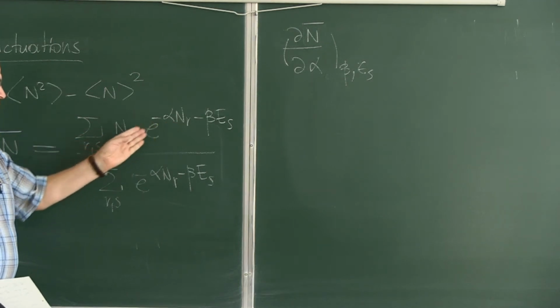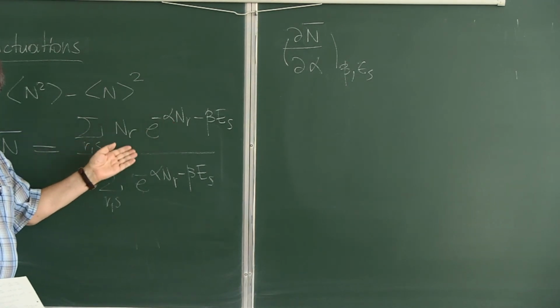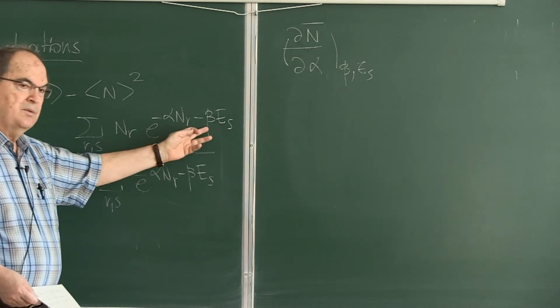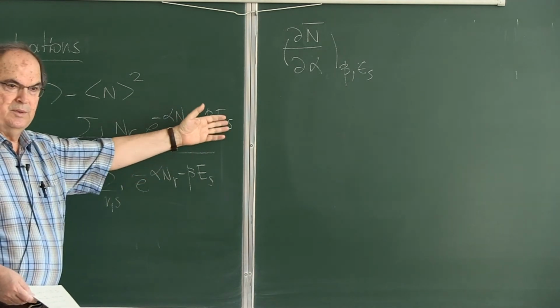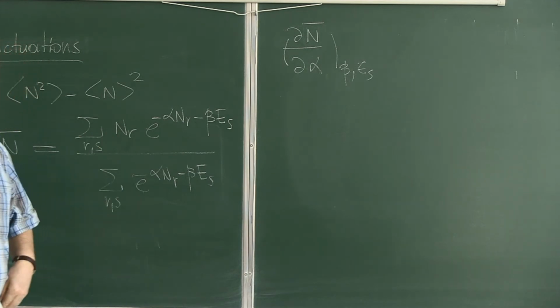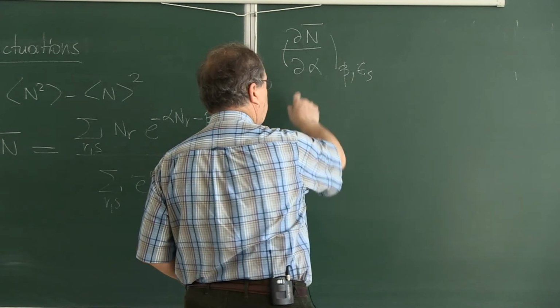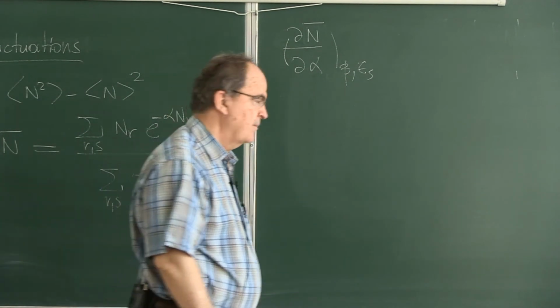Because it will bring down N_r, isn't it? To have a contact with this relationship. If I want to find averages of energy, then I have to take the derivative with respect to beta, isn't it? To bring down energy. So that's why I'm considering the derivative with respect to alpha.